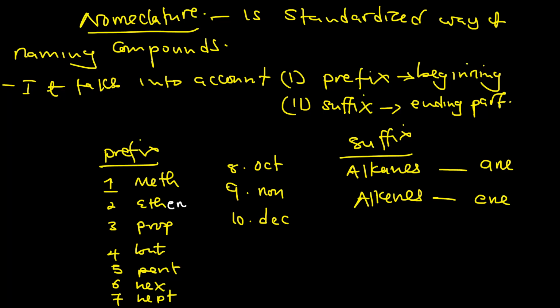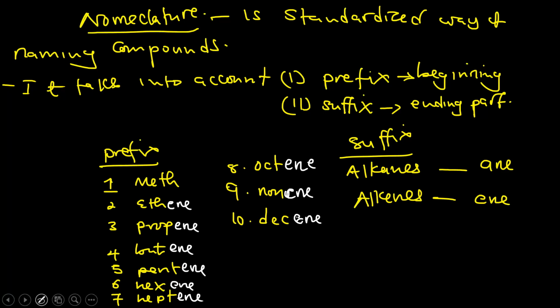The first one will be ethene, then propene, then butene, then pentene, then hexene, then heptene, then octene, then nonene, then decene. So this is how it becomes. I guess we are together up to this point.